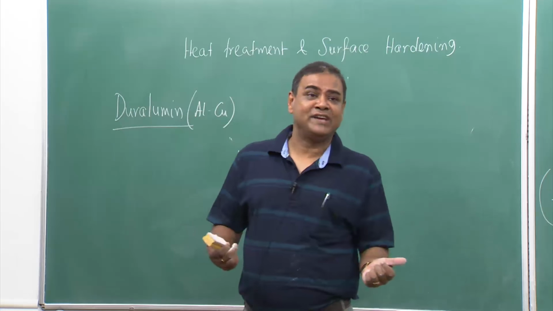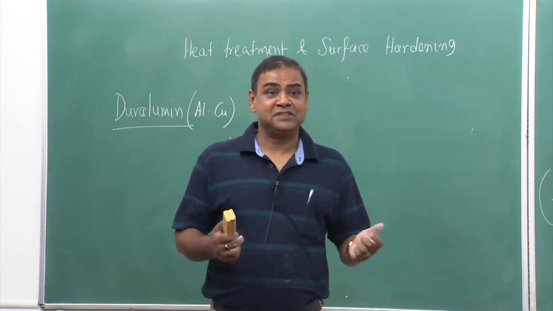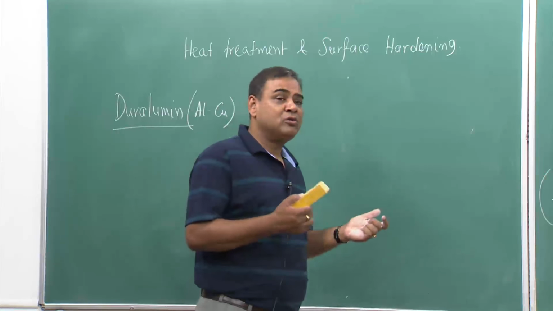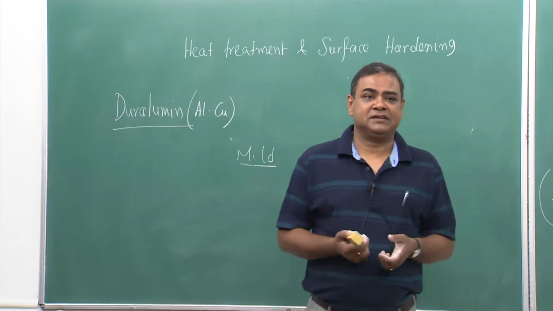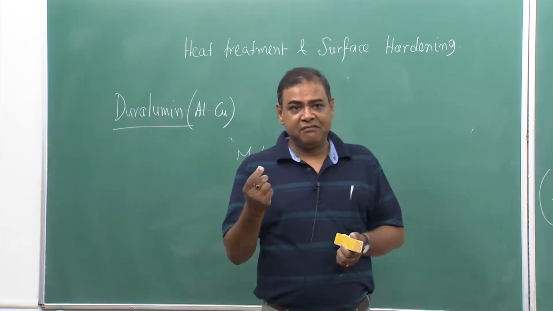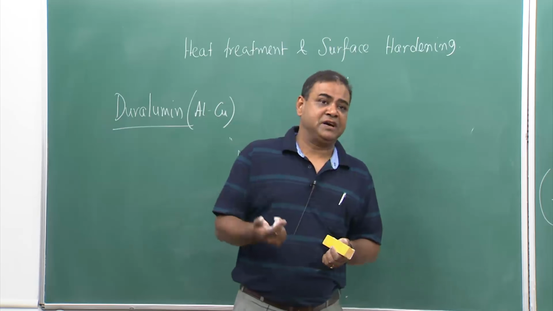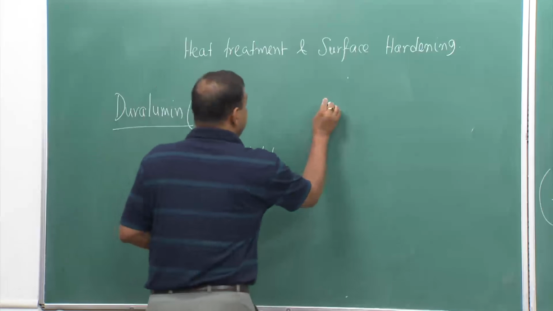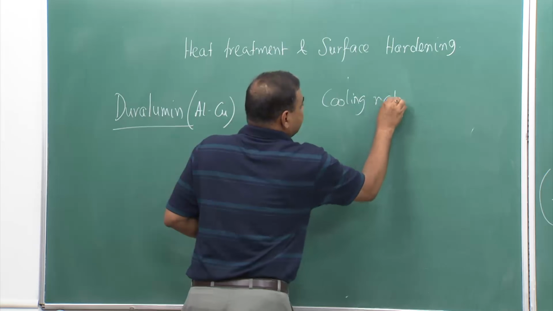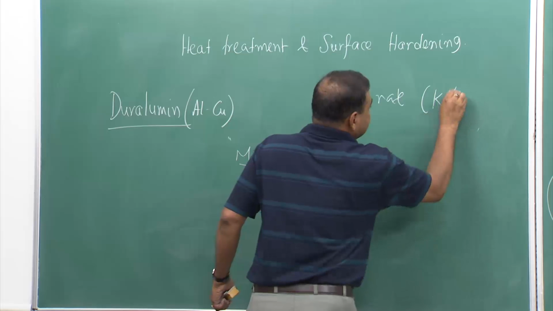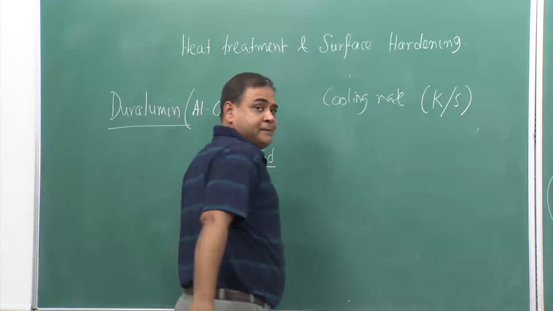Now, how slowly can we cool? Whenever we talk about how slowly we can cool, we have to measure the cooling rate. That means the degrees of temperature reduced per unit time. So, we have a term called cooling rate, which is nothing but Kelvin per second.